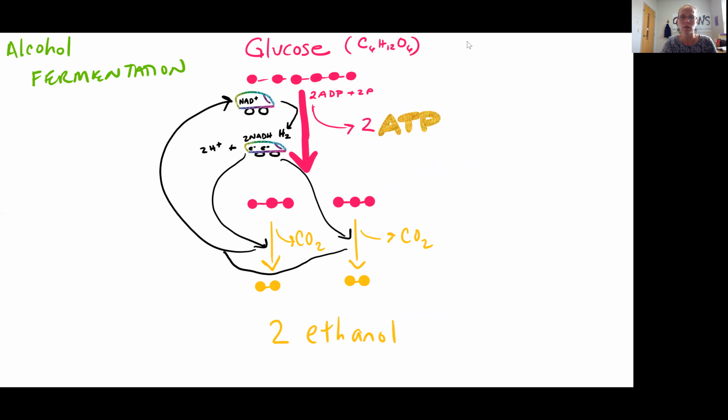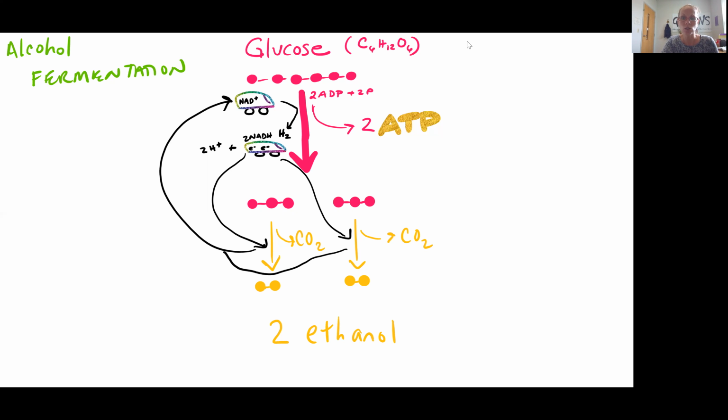So of course this is going to be producing beer and wine, and also involved in bread making and some other processes. So what we see happening again is we need to have this method of remaking that NAD+ at the end, and we can do this here because our pyruvate in this case gets changed from a 3-carbon pyruvate to a 2-carbon ethanol molecule.